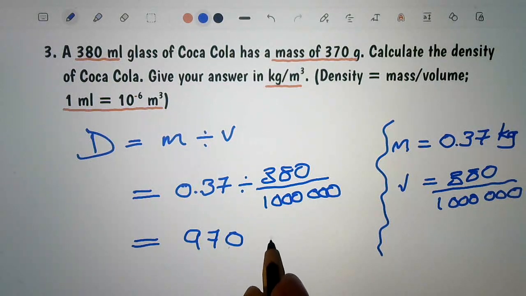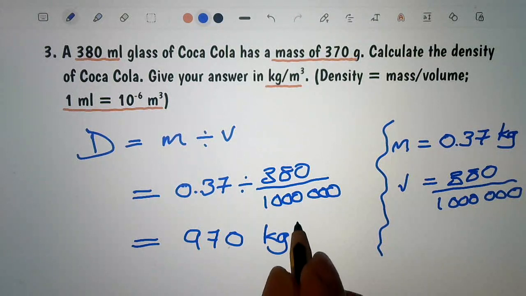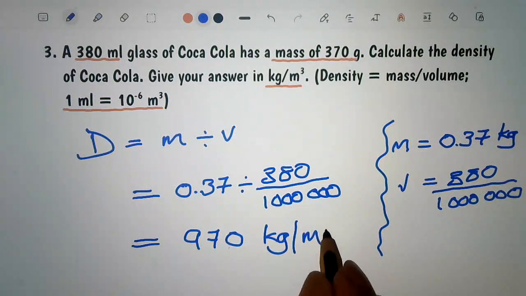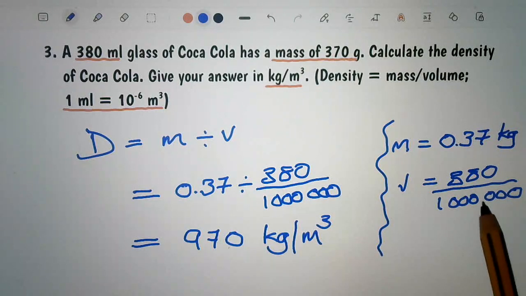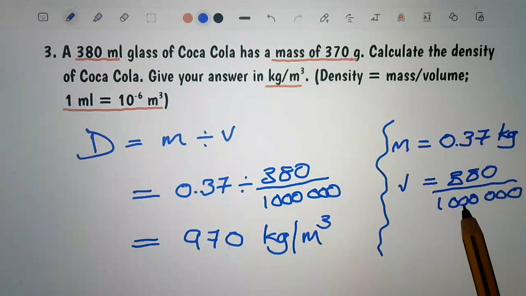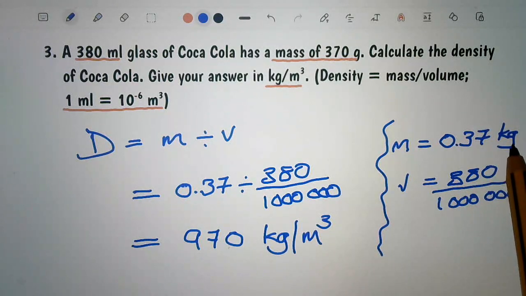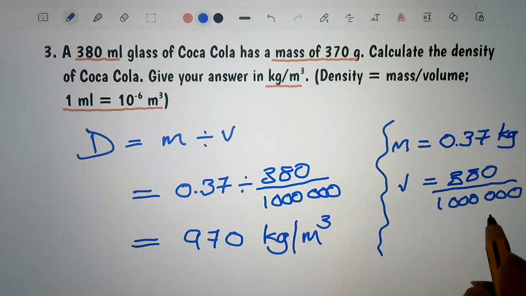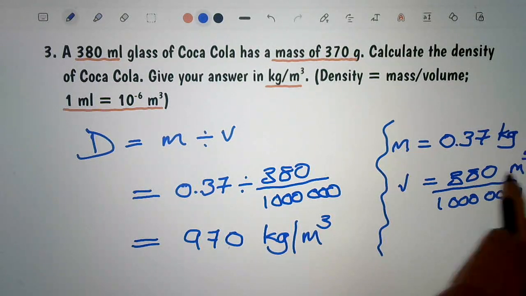Remember the units, kilograms per metre cubed. Oh, I wonder if you noticed here that I forgot to put the units. I put the units for mass, but I forgot to put them for volume. So that's metres cubed.